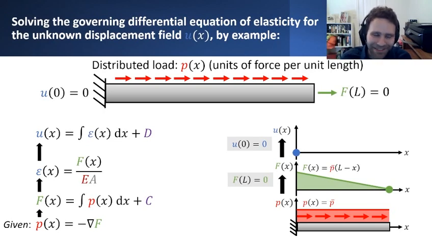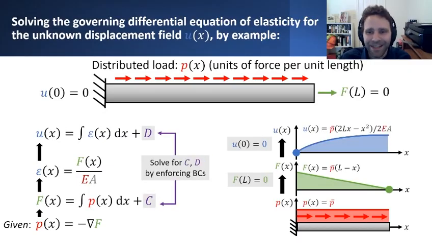But, as I said before, we can uniquely solve for that constant of integration by enforcing our other boundary condition, the one that says that the displacement at the left end of this member has to be equal to 0. And using that, we can integrate the linear function that we had previously for the force, divided by E times A to get strain. Integrate that linear function, and we get some quadratically varying function.